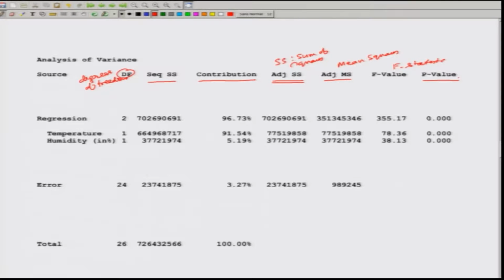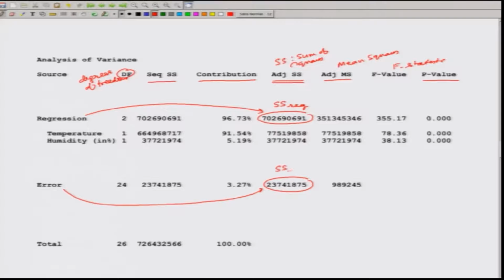p value. Now you can recall that we had divided the total sum of squares in the case of analysis of variance into two components: sum of squares due to regression and sum of squares due to error, or sum of squares due to residual. So this quantity here is giving us the value of SS reg, that is the sum of squares due to regression. And this is the quantity which gives us the value of SS res, that is the residual sum of squares.